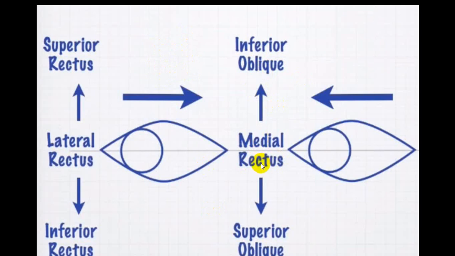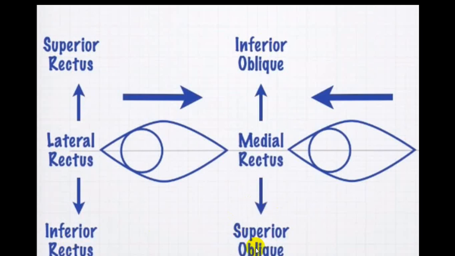So medial rectus will be producing medial movement. Inferior oblique will be producing upward movement. Superior oblique will be producing downward movement. Lateral rectus will be producing lateral movement, and upward movement will be done by superior rectus, while inferior rectus will be producing downward movement.